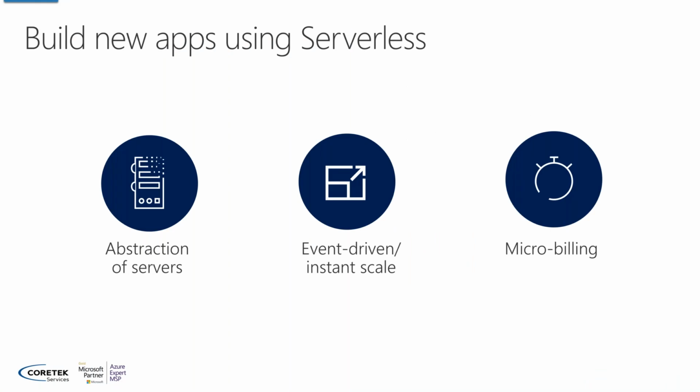Everything is event-driven and instantly scalable. The billing becomes micro billing because it's just when something kicks off, not while you're running a server constantly. Otherwise, with consumption, if you're running a VM, you're billed for every minute the VM is running. In this case, it's only billed for each transaction that's happening.